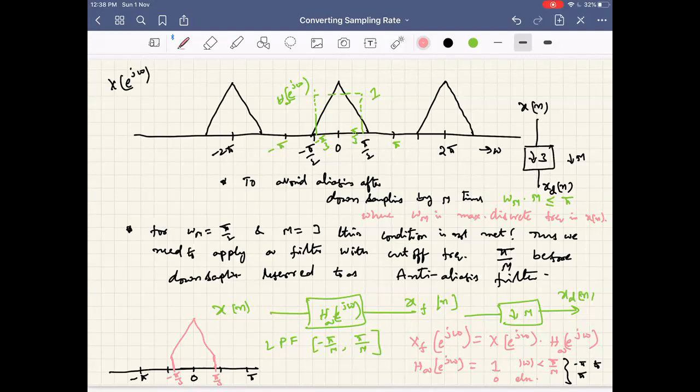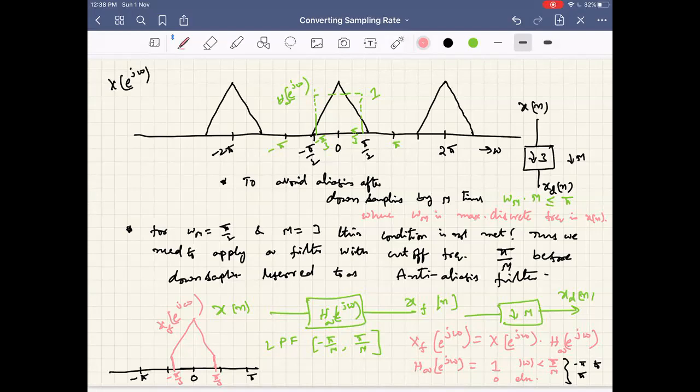Based on our notation, we have Xf of e power j omega. Now this again repeats at 2 pi, minus 2 pi and so on. And now if I do downsampling on this by 3 times, you can see that there will not be any aliasing.